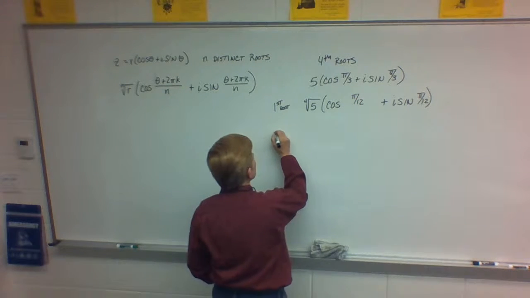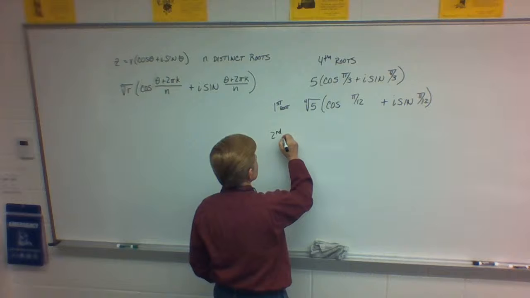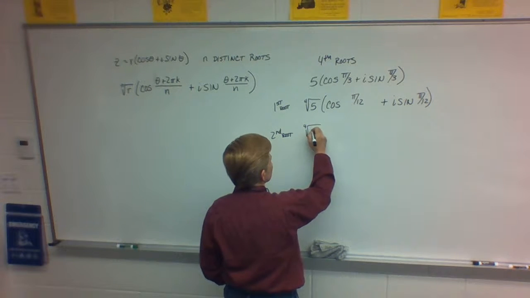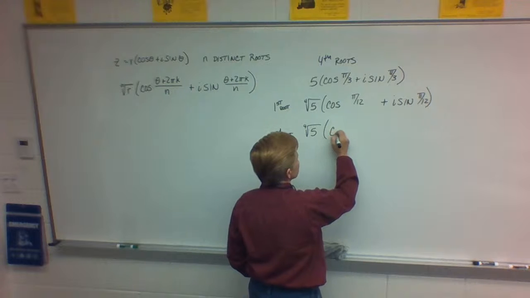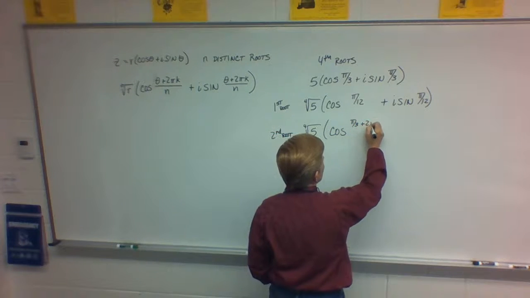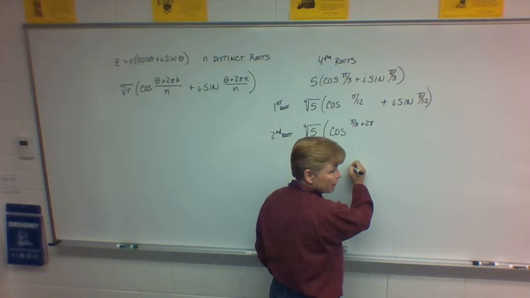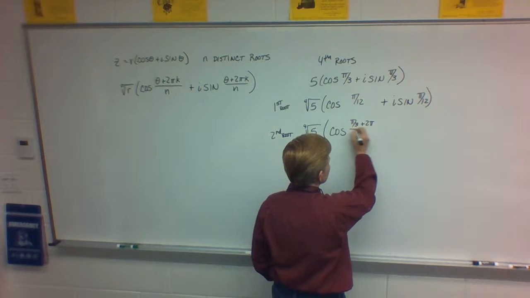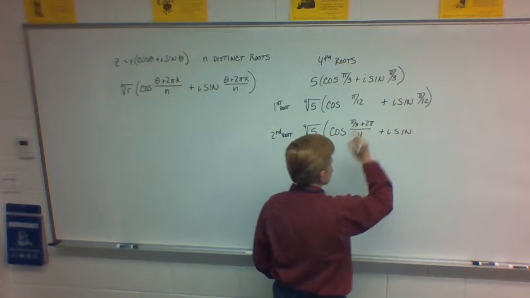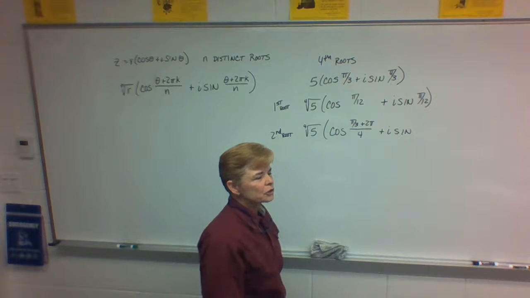Okay, so the second one, that was pretty easy because k was 0. The second root is going to be the 4th root of 5 times the cosine of pi thirds plus 2 pi, because k is now 1, divided by 4, plus I sine, and I'm going to figure this out. Here's your safest bet.